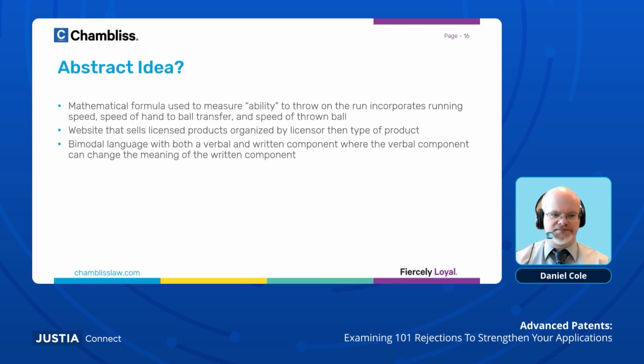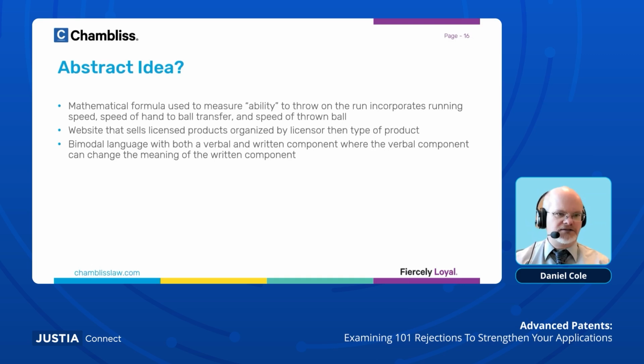Or a website that sells licensed products and organizes them by the licensor, then type of product. And then a bimodal language with both a verbal and a written component, where the verbal component can change the meaning of the written component. This is for my machine and matter transformation example from before.